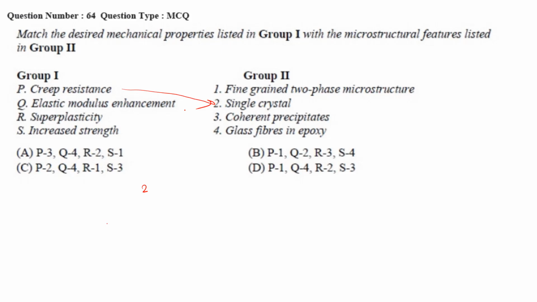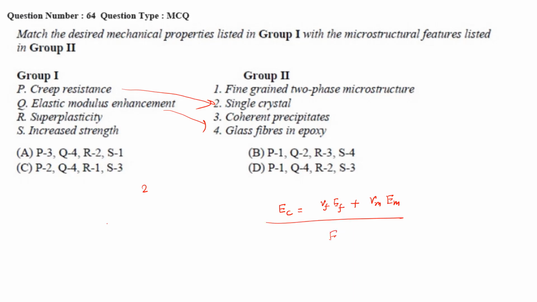The next is the elastic modulus enhancement. When we see elastic modulus enhancement, that means the elasticity of the material is being enhanced. That means we are going to use glass fibers in epoxy. We know the elastic constant of the composite is the volume fraction of fiber multiplied by the elastic constant of fiber, plus the volume fraction of matrix multiplied by the elastic constant of matrix.